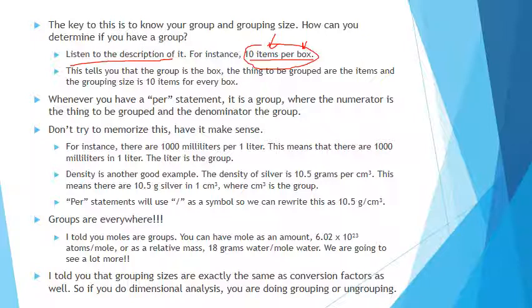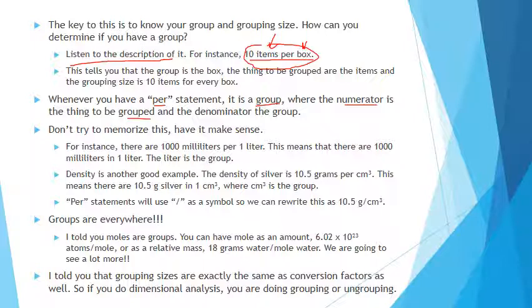Now, this has a per statement. Anytime you have a per statement, it will be a group, where the numerator is the thing to be grouped, also known as the dividend, and the denominator, the divisor, is the group.